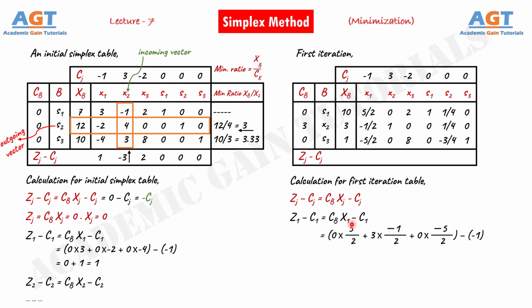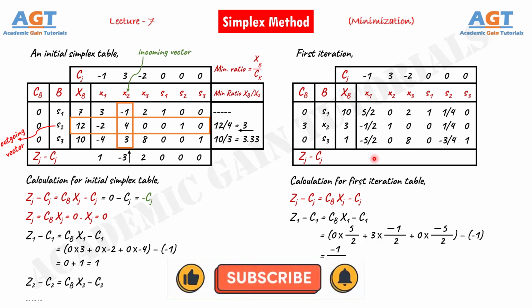Then give the minus sign from the formula, and in the cj row, we can see the value of c1 is minus 1, so we write minus 1 here, and finally, the value of z1 minus c1 will be minus 1 by 2, so in this row, here we will write minus 1 by 2.